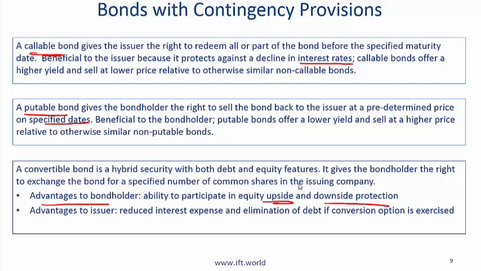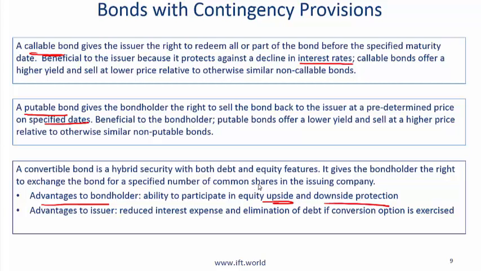The point being that if the bondholder has this convertible bond and the stock, the equity, common equity of the issuer starts going up, then what option does the bondholder have? The bondholder has the option to convert into common stock.